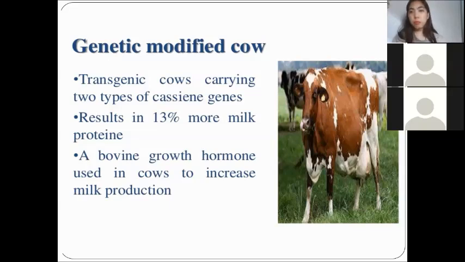So, it's more helpful, right? Instead of 100 ml, because one organism is genetically modified, we can have 1,000 ml. There is an increase in milk production.